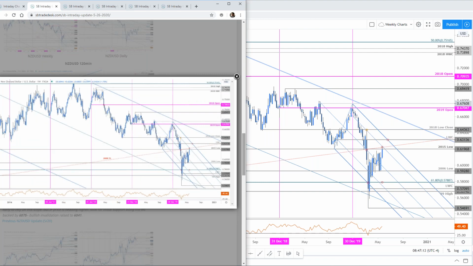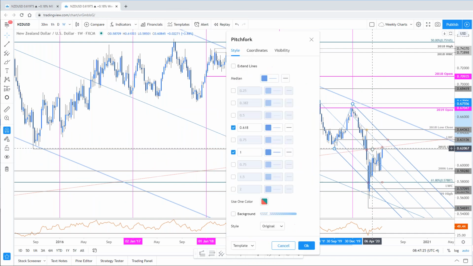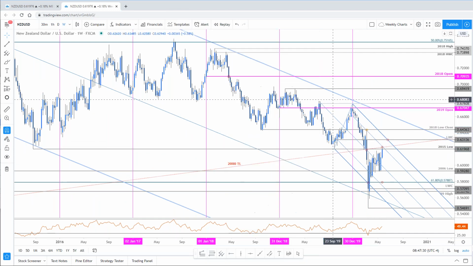That basic 2000 long-term trend line, that was the break that we saw here in March. That's the pivot that we're testing now as resistance. It also happens to be downslope resistance for this slope. It's the 618 of this pitchfork off the late highs from last year and this year.